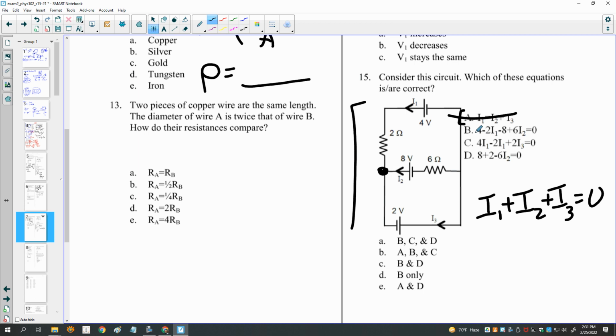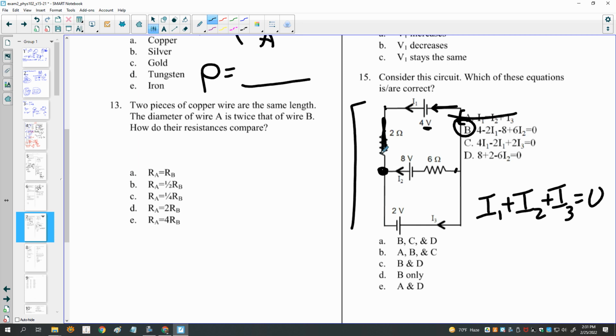Now I look at this 4 right here, that's referring to this, and I should be going in this direction because it's positive, so I have plus 4 minus 2I1. So far that's correct because I'm going with the current, so it should be negative. Minus 8, that's correct, plus 6I2. So B is correct, that equation is correct, and then I come back up to here.